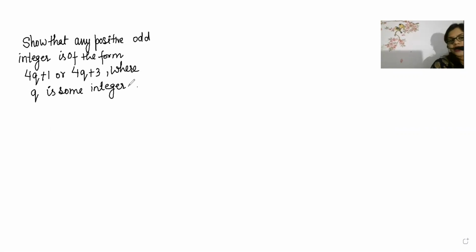Okay, show that any positive odd integer is of the form 4q plus 1, 4q plus 3, where q is some integer. Now, after seeing the question, should I be scared?